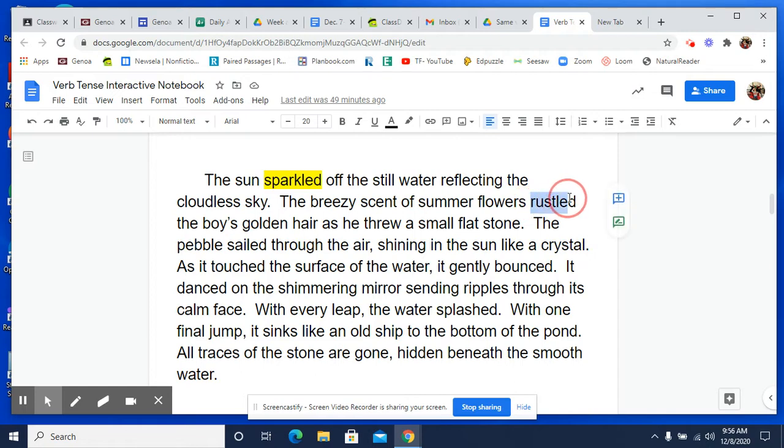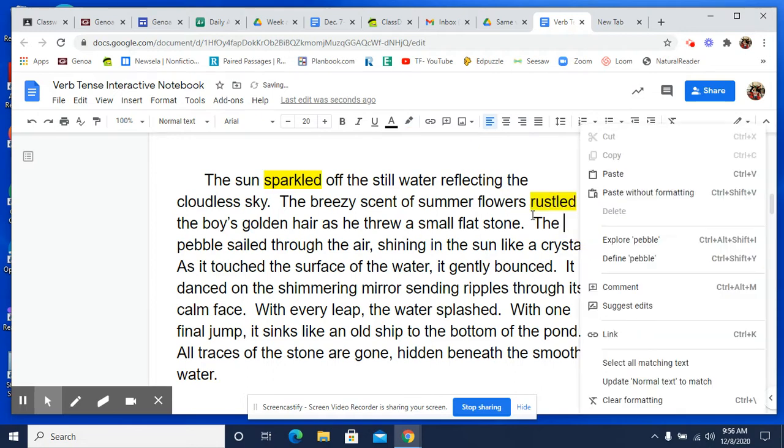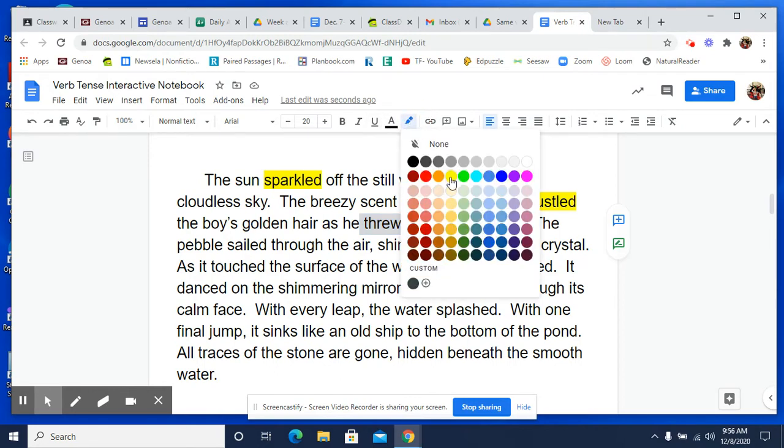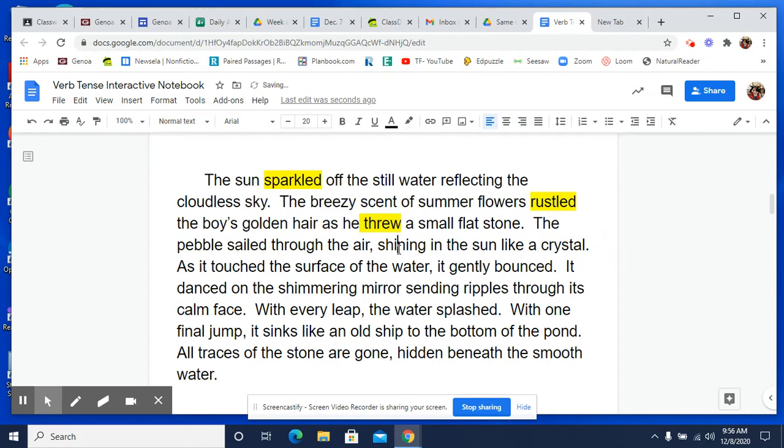Here's another verb because each sentence has to have a verb. Rustled, that is past tense. The boy's golden hair as he threw. There's another verb. Okay, as he threw a small flat stone.